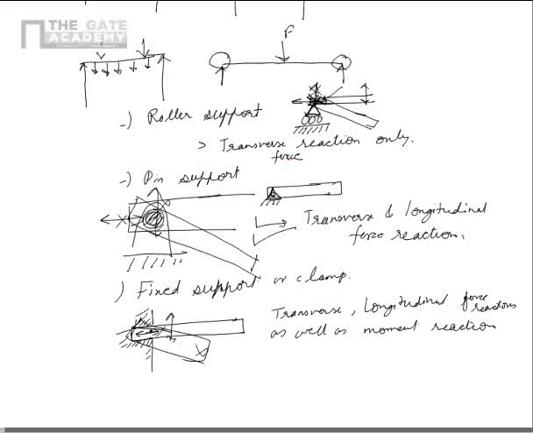Now let's go back to the beam and see how forces and reactions come to the beam. Now let's take a very simple case that we have a beam which is supported on two roller supports, one here, one here. Now we apply a force F on it.